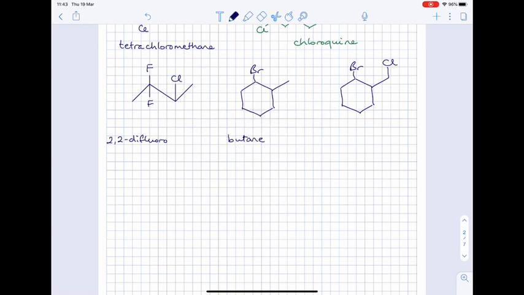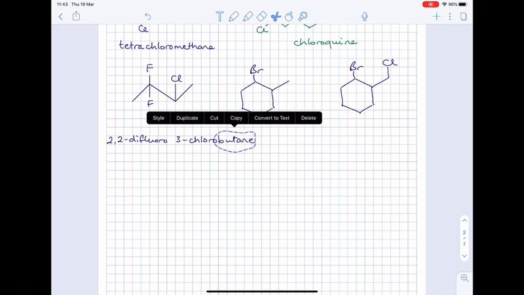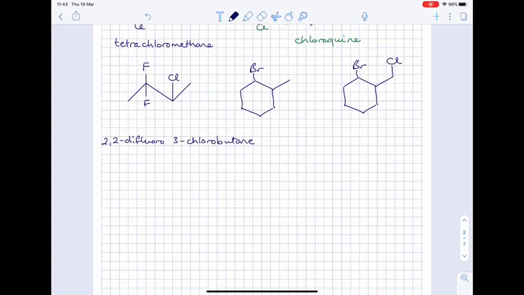And this is going to be 3-chlorobutane. Okay, or we can say this is 2-chloro, 3,3-difluorobutane. But we have lower numbers for the top one, so the top one will be a better option.